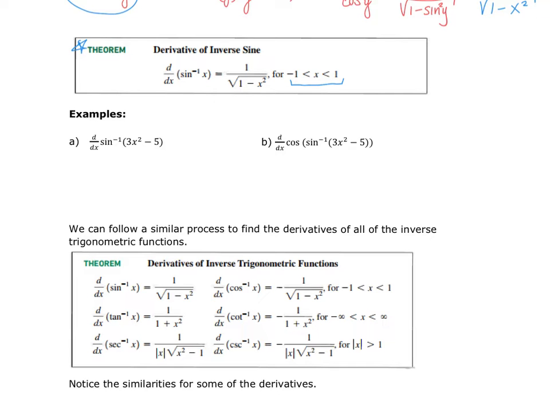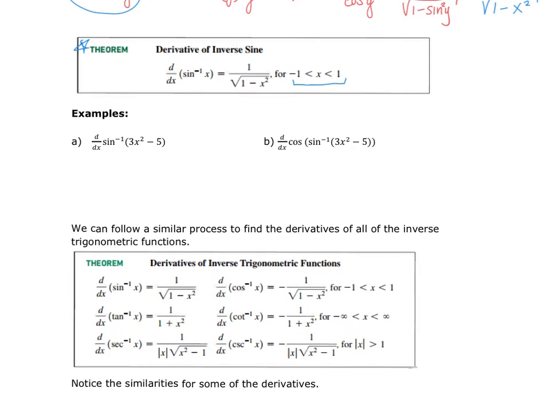Using the formula above, we're going to get 1 divided by the square root of 1 minus 3x squared minus 5, and then we have to apply the chain rule. So the derivative of 3x squared minus 5 is 6x.